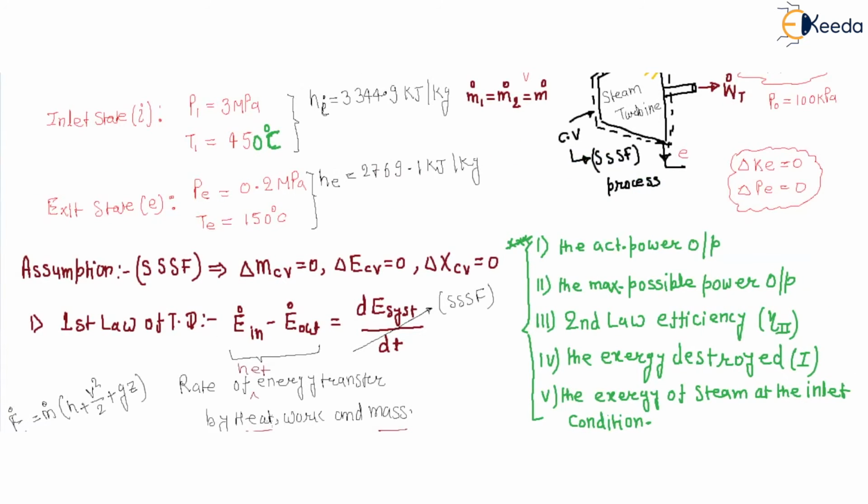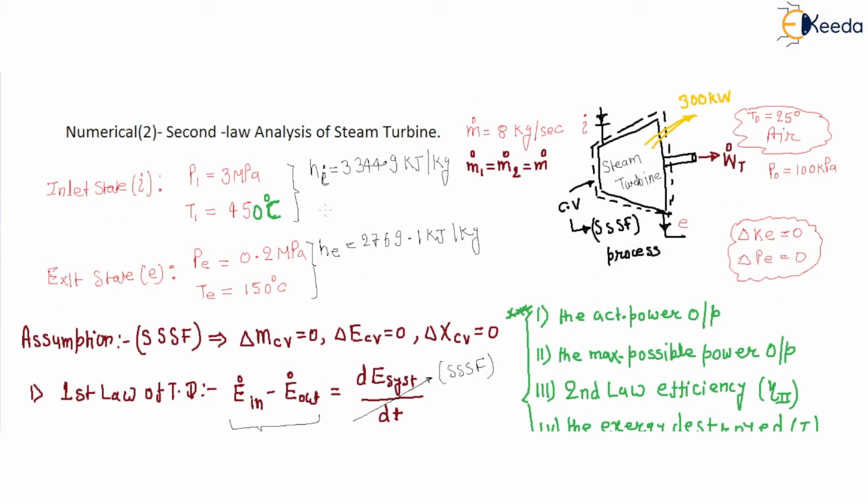Si is from here. So what is si? From the table, this is 7.0856 kilojoule per kg Kelvin. And what is se?